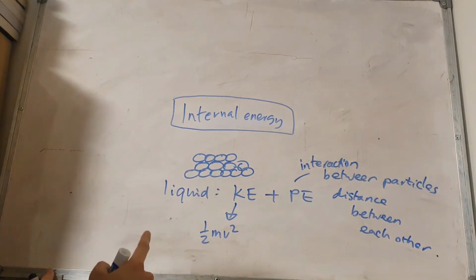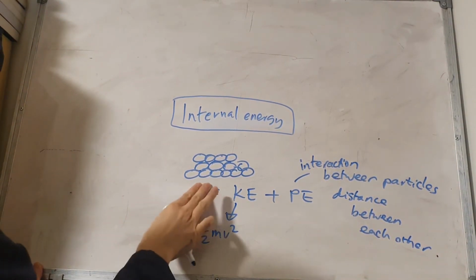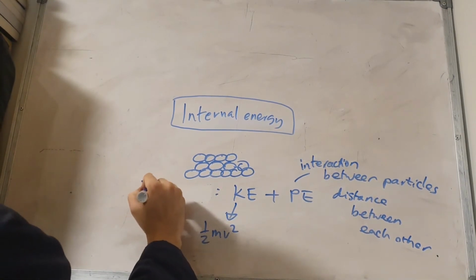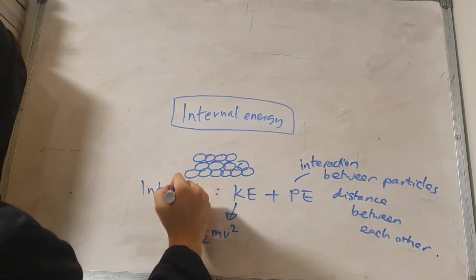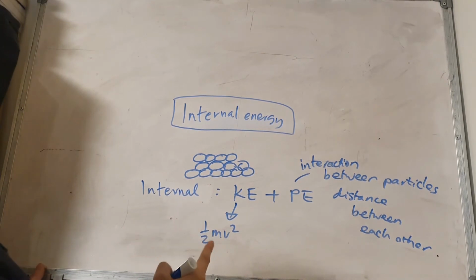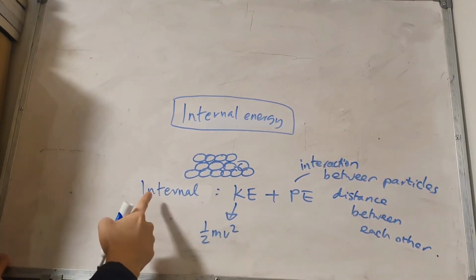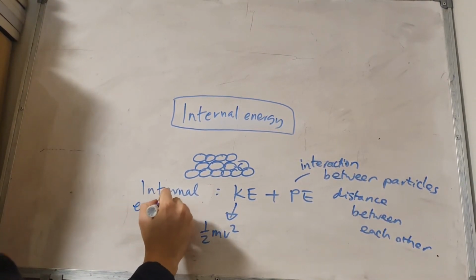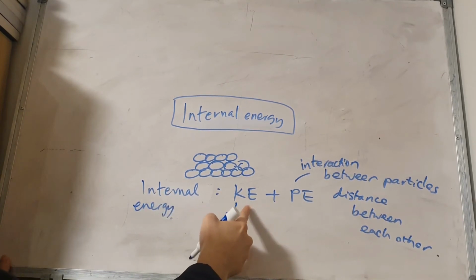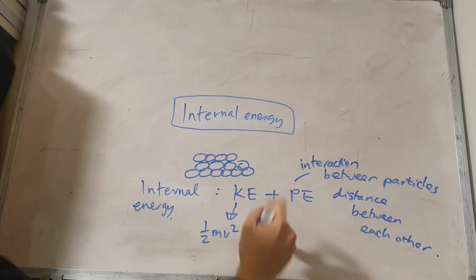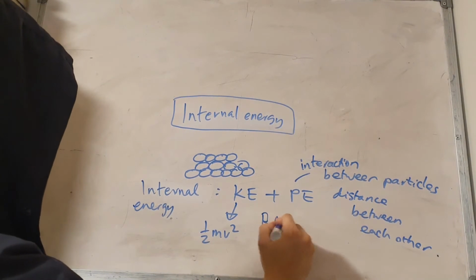So this is internal energy. That's the definition of internal energy. The internal energy is the sum of the kinetic energies and the potential energies, and these are all random.